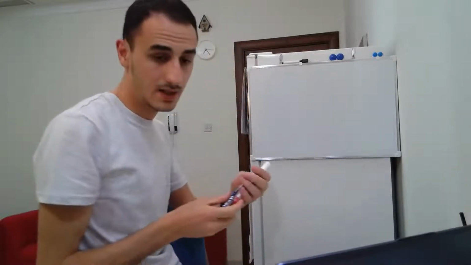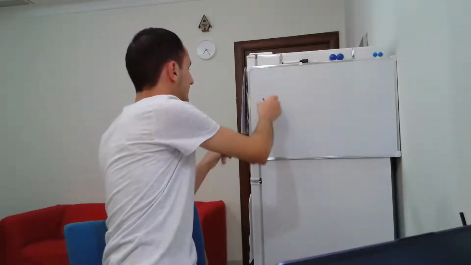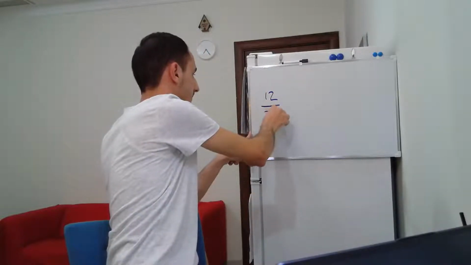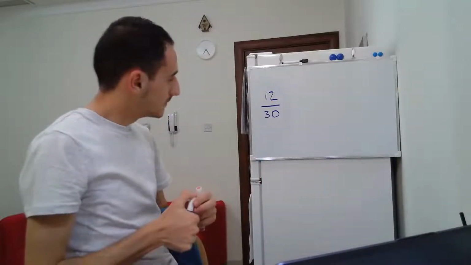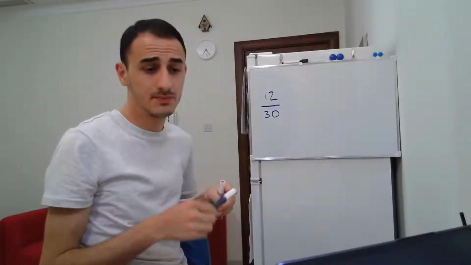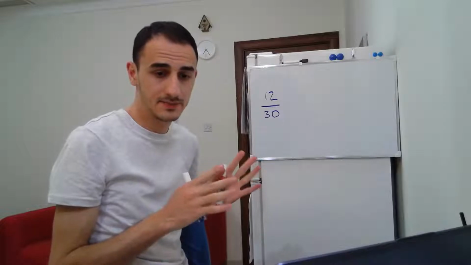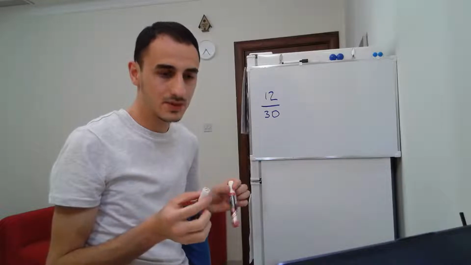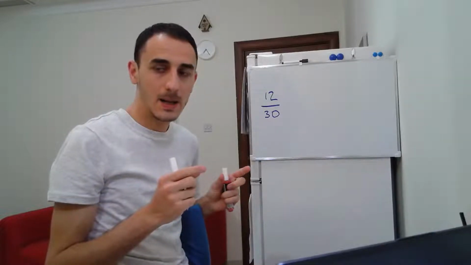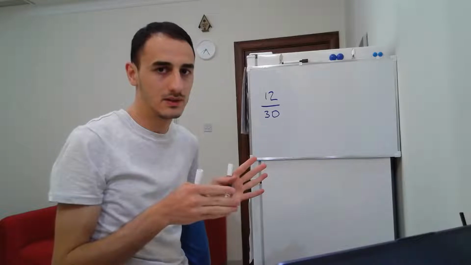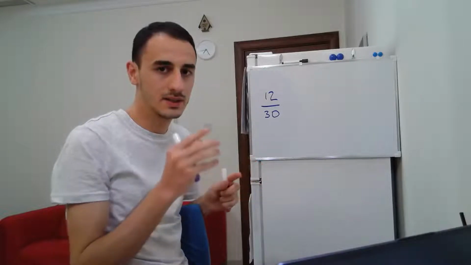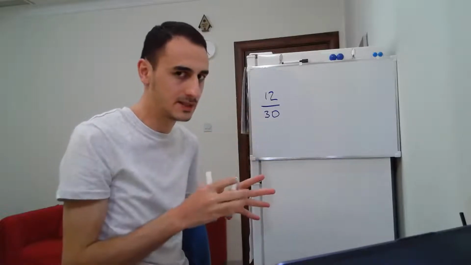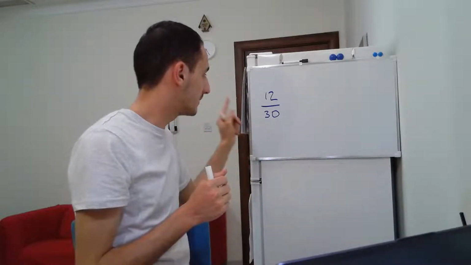Okay. Simplify. Let's say I have 12 out of 30. Before simplifying, let's make sure what simplifying means. Simplify means make it look simple, and in terms of numbers, make the numbers on the top and at the bottom as small as possible. So it is 12 and 30.